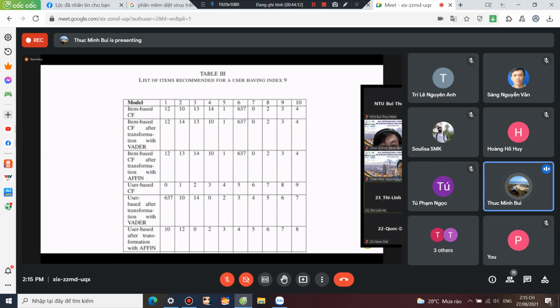For example, the top 10 phones or accessories recommended for the user with index 7 and the user with index 14 have different orders.